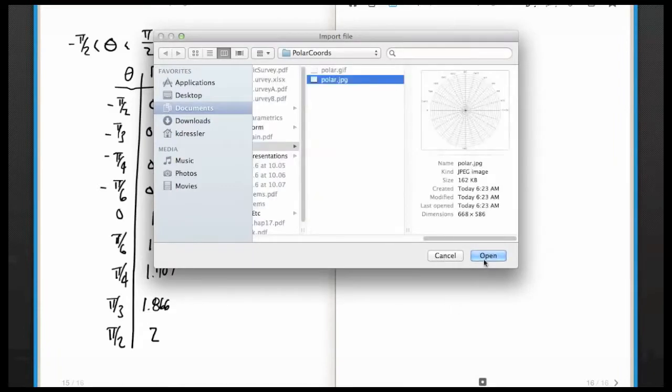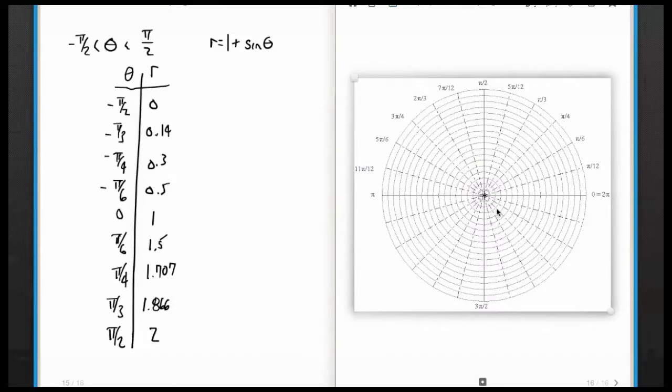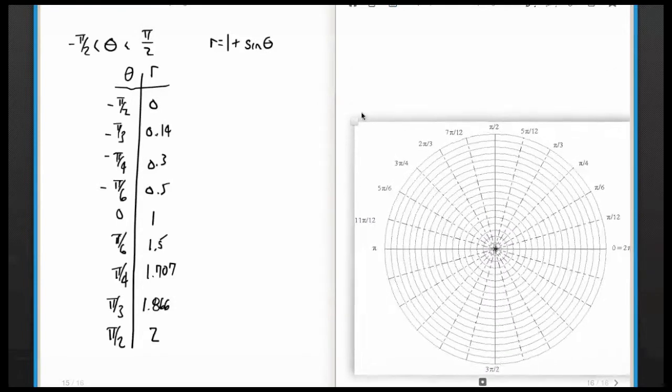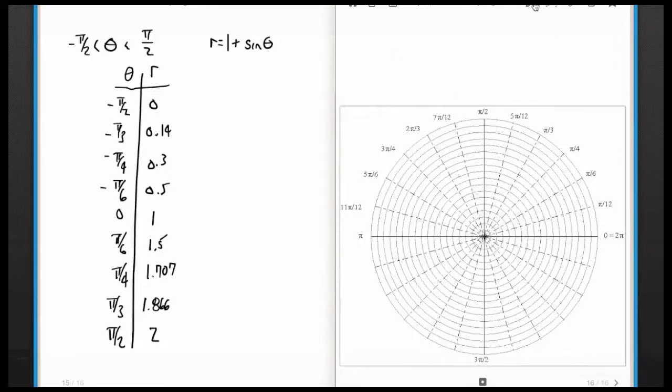Okay. We'll slide this over here, make it a little bigger. We'll do this in light blue. Negative pi by 2, my radius is 0, so I start right here at 0. And then negative pi by 3 is right here. The radius is 0.14.